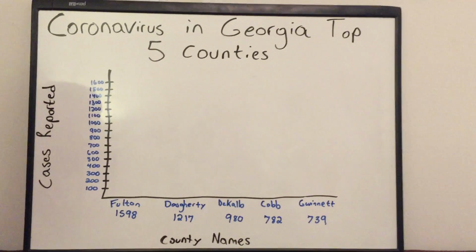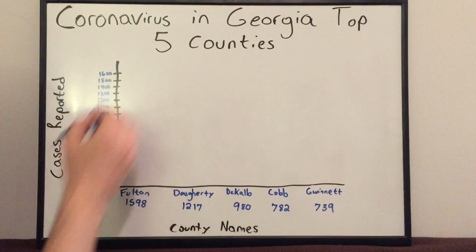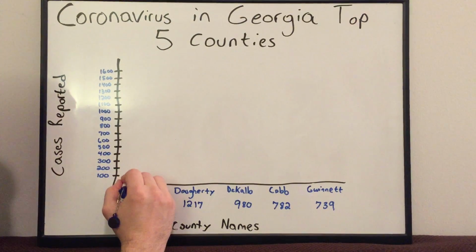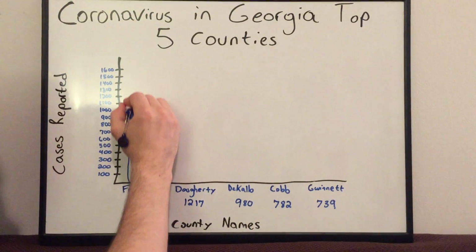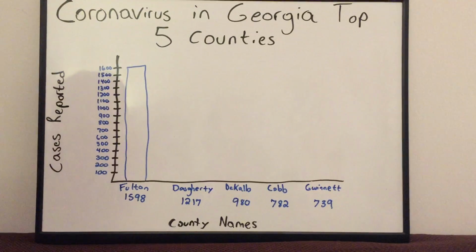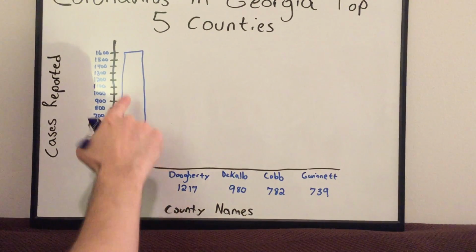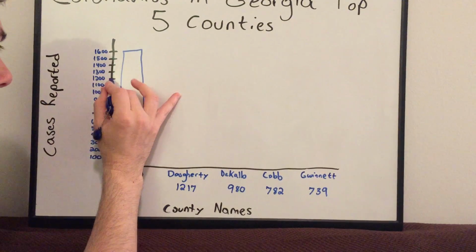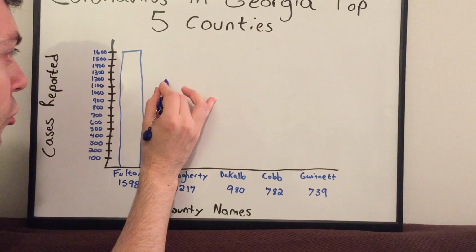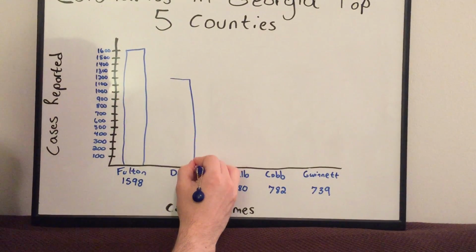So now we're going to start to make our bars. Clearly this one's going to go pretty much up to the top, to where I have about 1,600. So I'll make my bar go up there. All right, Dougherty is about 1,200, so I'm going to go a little over 1,200, maybe like right there, and make the bar for Dougherty.